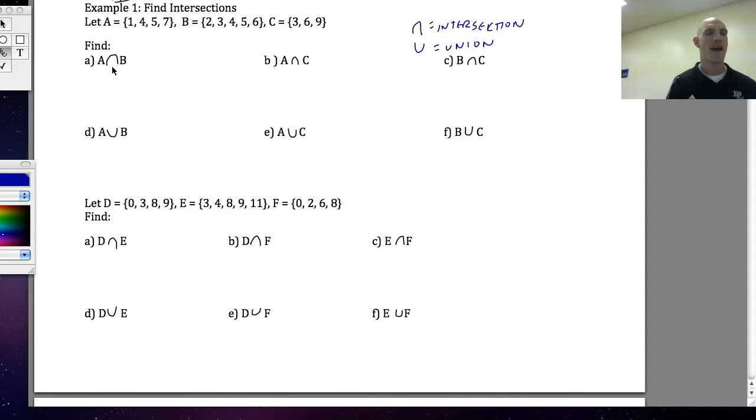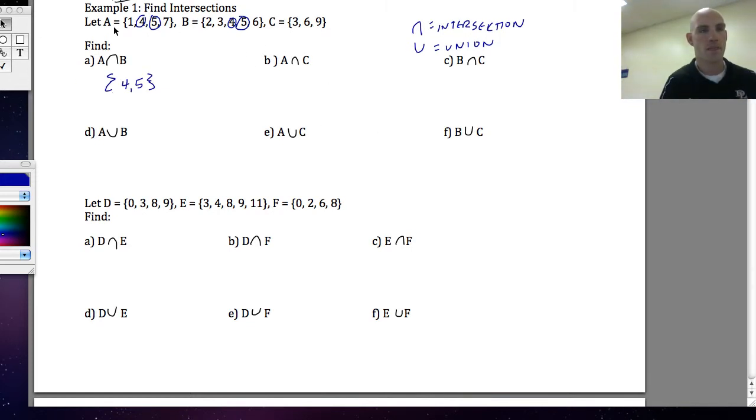And so if I say A ∩ B, that's going to be the intersection of A and B. It's going to be a set. So if I look at A and B, I see that 4 is shared, as is 5. So the intersection of A and B is going to be {4, 5}.